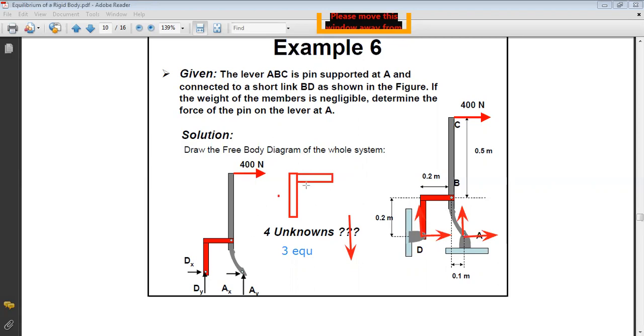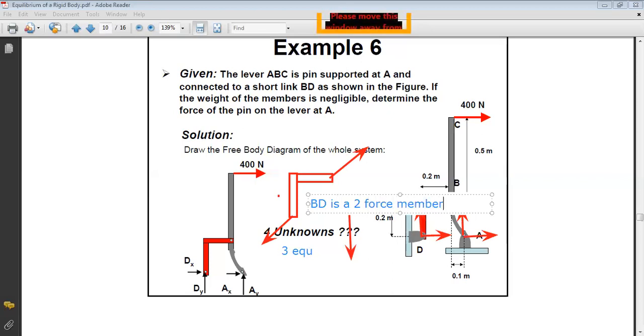And if I take member BD, I only have 2 forces, one acting at B, one acting at D. So what can I say now? I can say that BD is a 2-force member, okay?